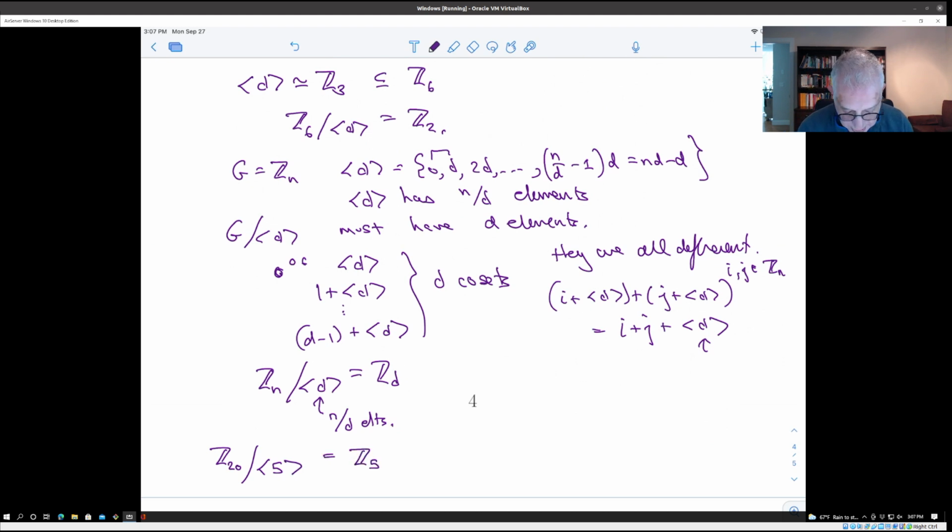And what's going on here is that the cosets are 5, 1 plus 5, 2 plus 5, 3 plus 5, and 4 plus 5. And the addition is you add, but anytime you get a multiple of 5, you kind of throw it away. So effectively, you're doing arithmetic mod 5 on these cosets.